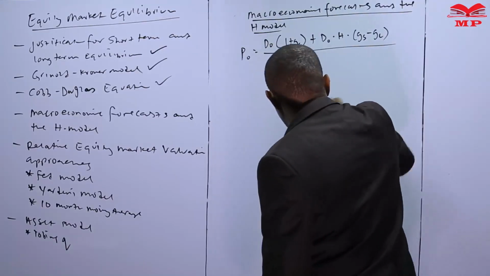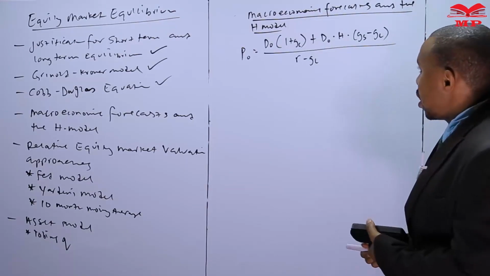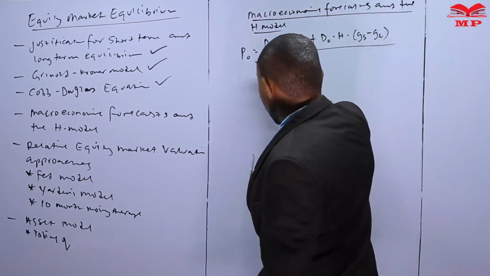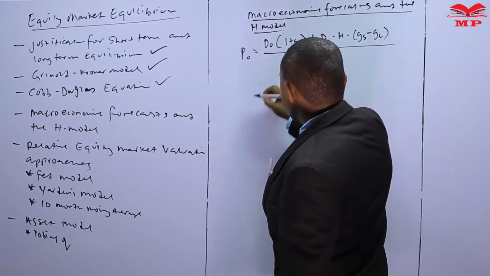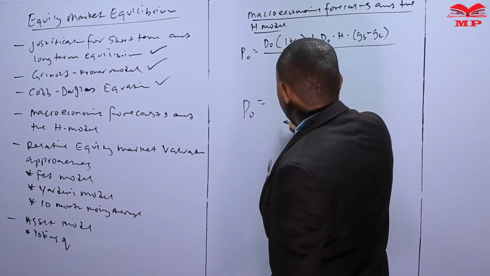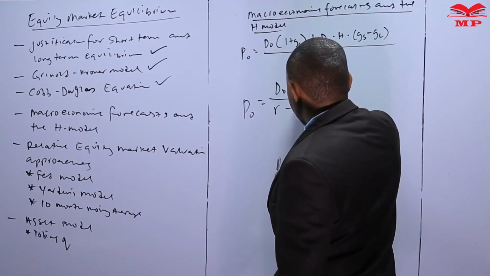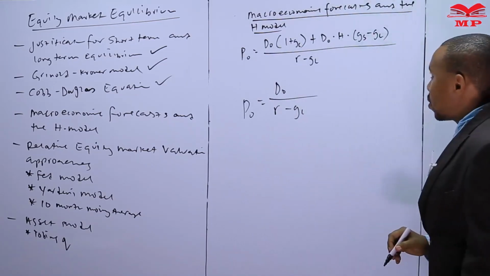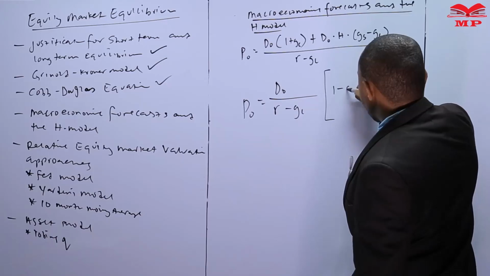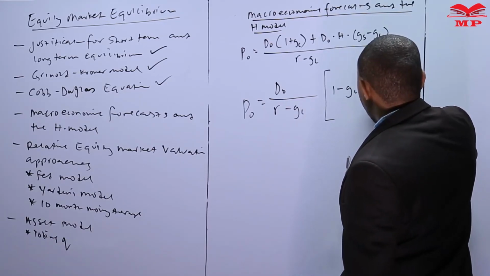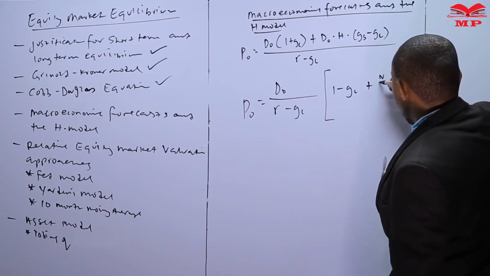Now, to apply the H model in macroeconomic forecasts, the formula is as so. You can see the similarities between these. The macroeconomic model under the H model will be P0 = D0 over (R - GL), multiplied by (1 + GL) plus the half-life in years, which is N over 2.